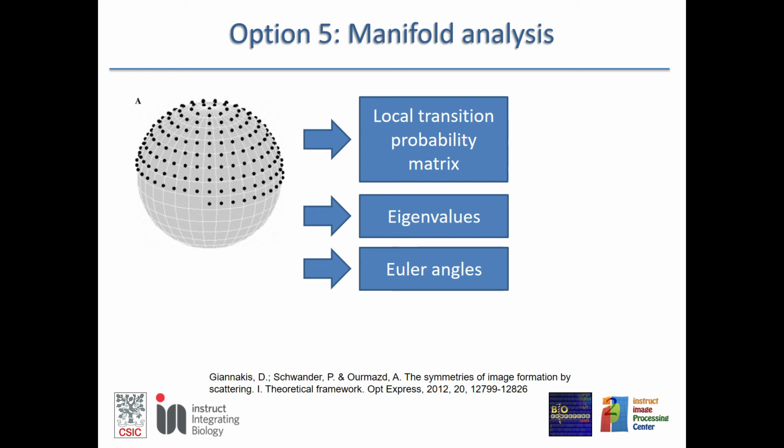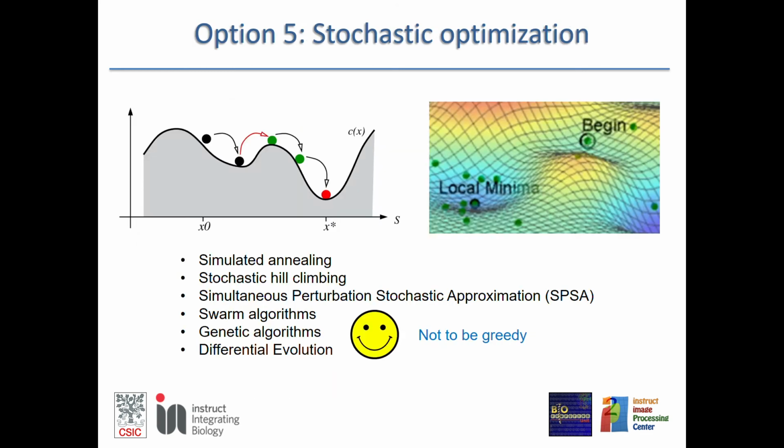And although the idea seems very appealing, in practice the number of images is really limiting the applicability of this approach. And then we have another family, the stochastic optimization algorithms, and I would say this one is the one that has at present the highest success rate.